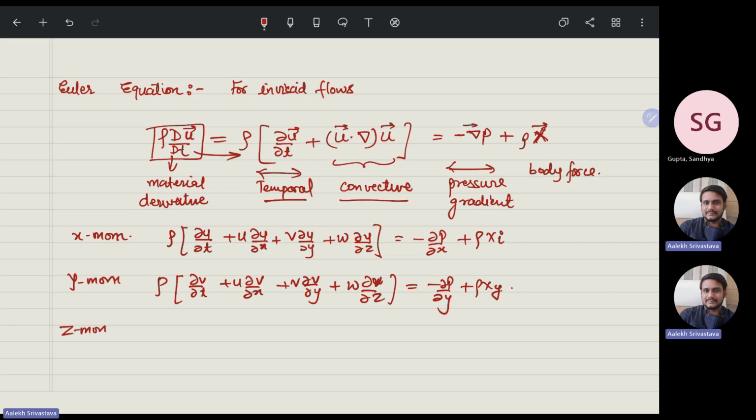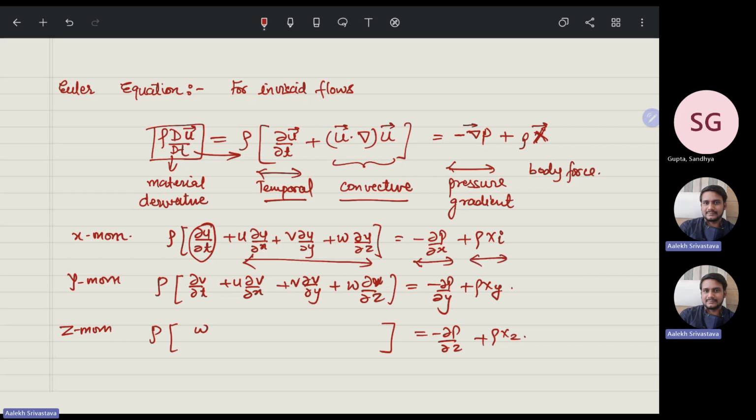Similarly for z momentum, v is replaced by w: minus del p by del z plus rho Xz. In each equation, this is the temporal term, this is the convective term, this is the pressure gradient, and this is the body force.